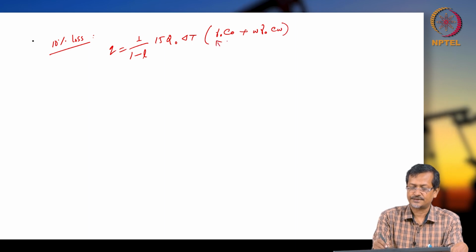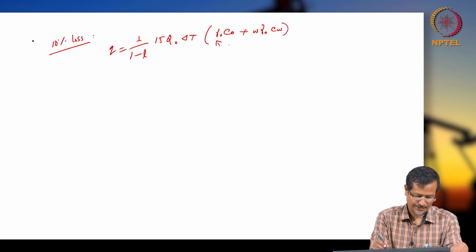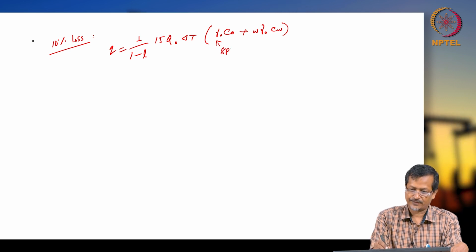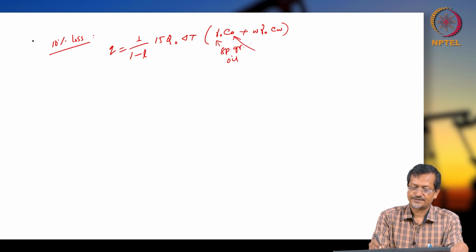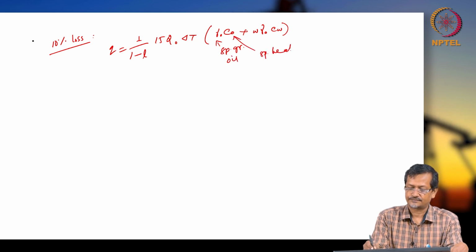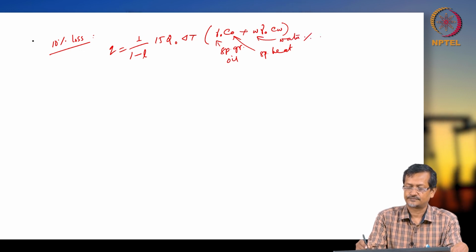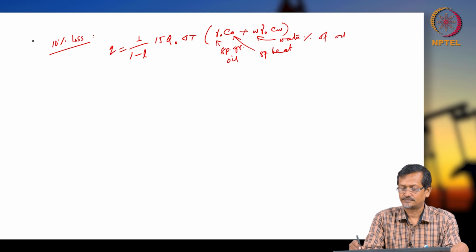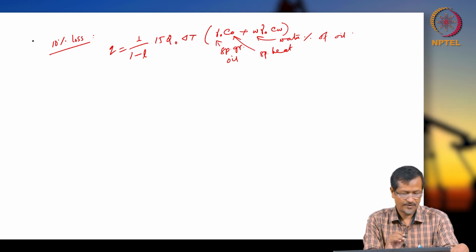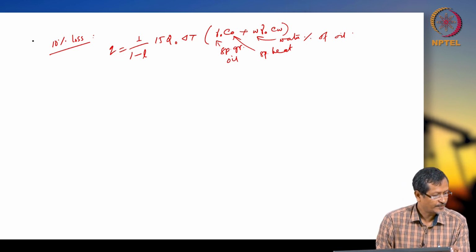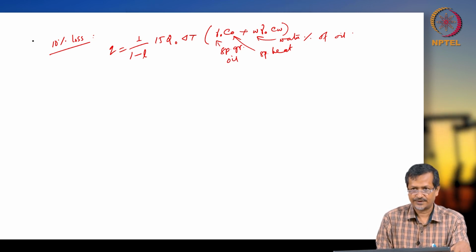Gamma means specific gravity, gamma is specific gravity of oil, C is specific heat, and W is water percentage, how much percentage of water is there. Here you have actually in the problem 15%.